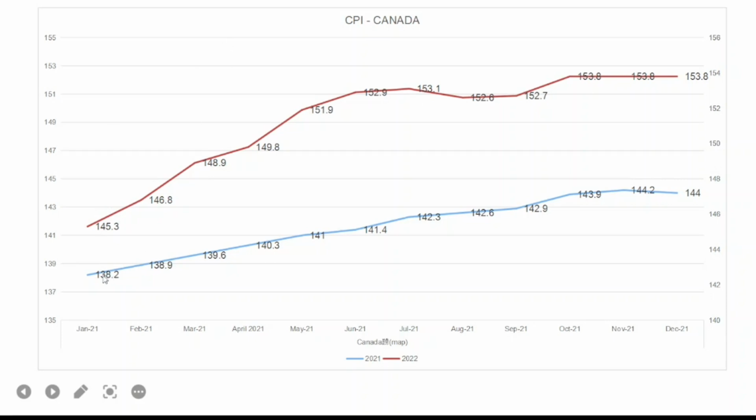So this was the 2021 data, which looked very aggressive when we compared it to 2020. Now look at 2021 when we look at 2022 data. The 2021 data looks like it wasn't increasing that rapidly, but see what happened in 2022. The inflation skyrocketed, and look at the difference between these two lines.